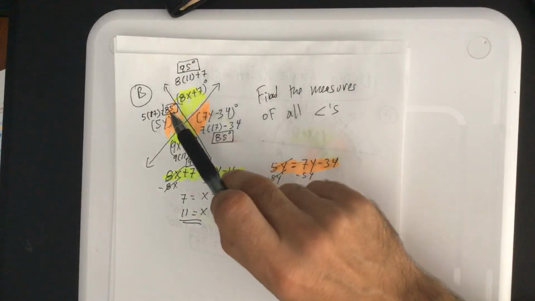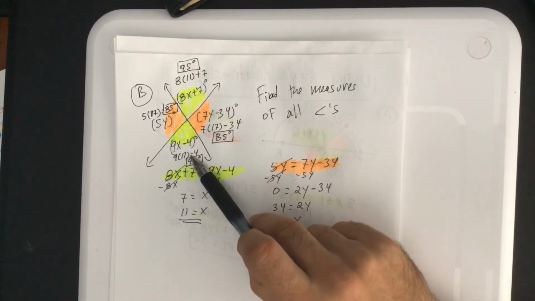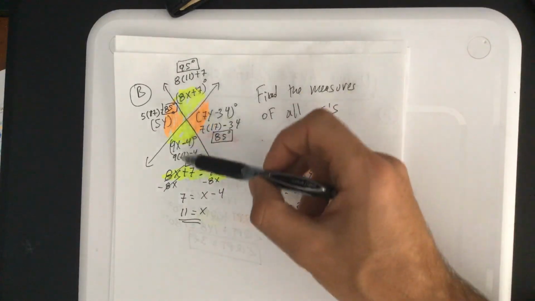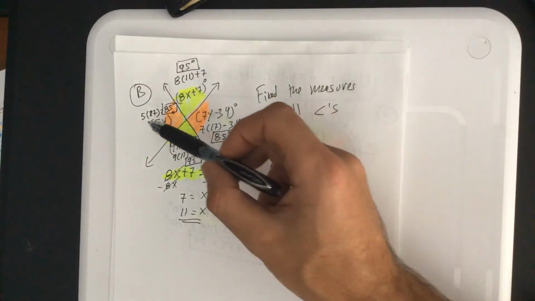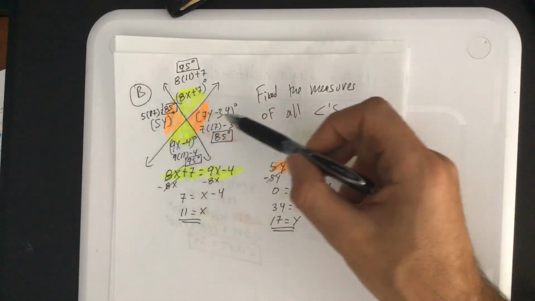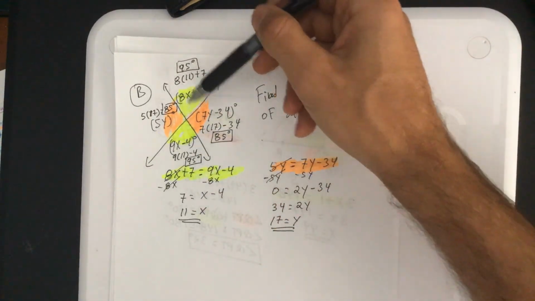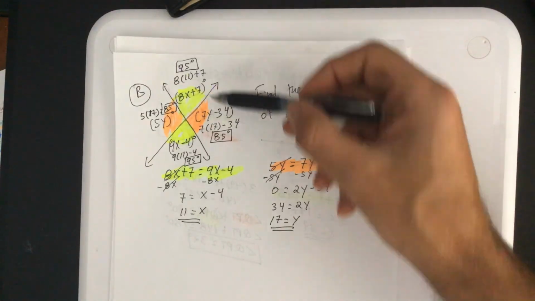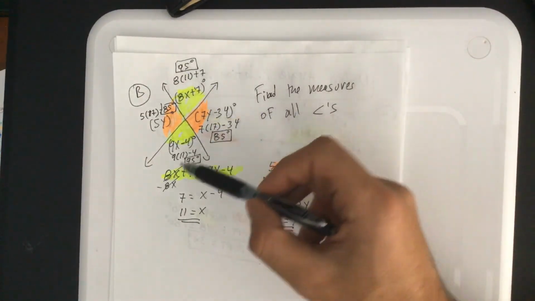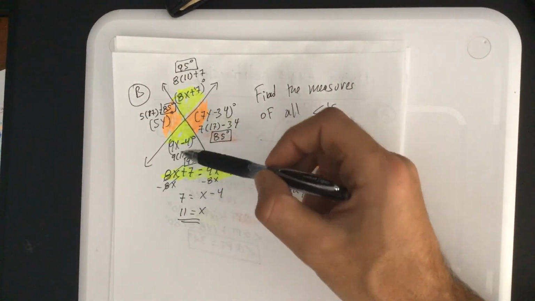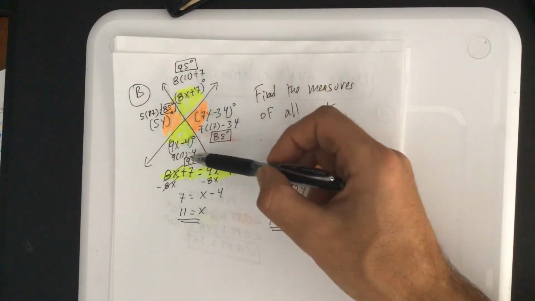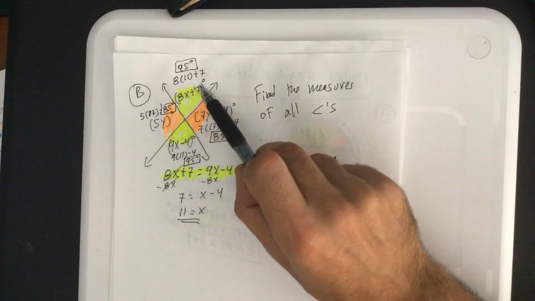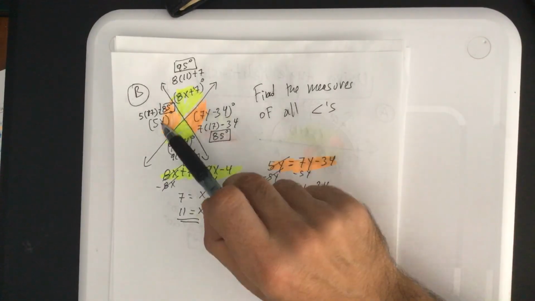95, 85, 95, 85. They have to be the same. 95, 95. Vertical angles have to be the same. 85 and 85 because they are vertical angles. These two together should add to 180 because they are a linear pair. 85 plus 95, a linear pair, 180. 95 plus 85, linear pair, equals 180.